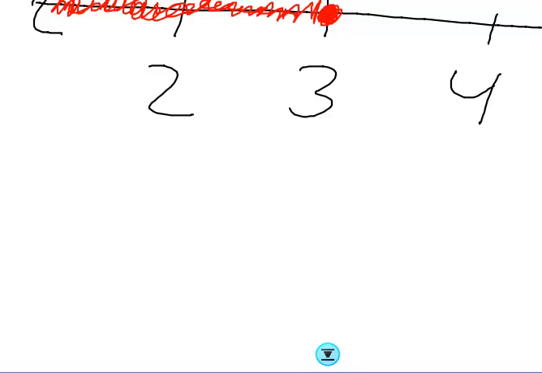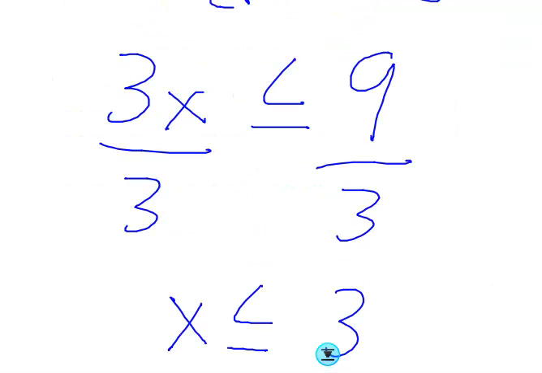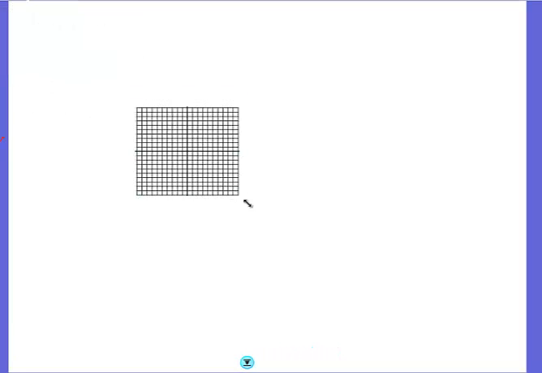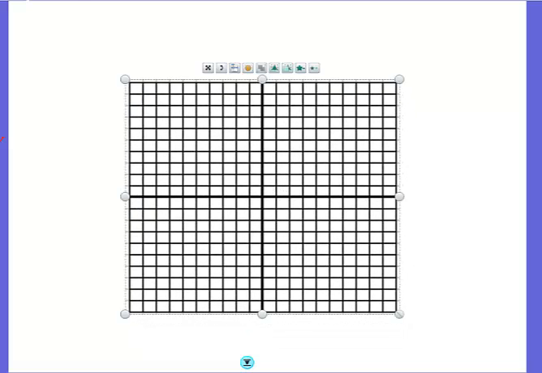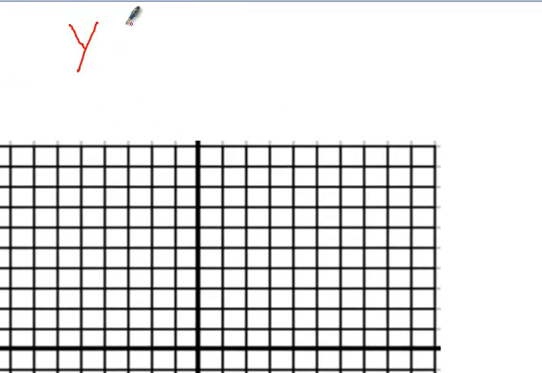Now, the same idea goes when we're graphing a linear inequality. Before I graph a linear inequality, I'm just going to graph a linear equation. Let's say we have y equals negative 2x minus 3.